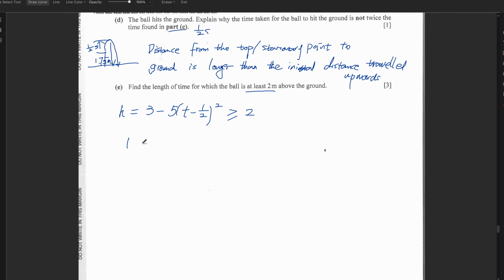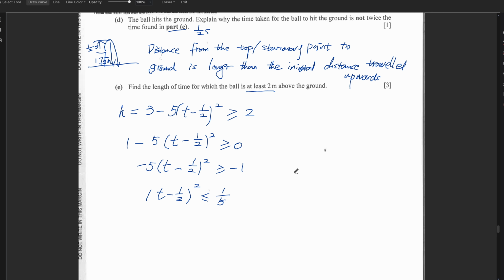We have 1 minus 5(t minus half) squared greater than or equal to 0, so minus 5(t minus half) squared is greater than or equal to -1, and (t minus half) squared is smaller than or equal to, because we are dividing by -5, you see, 1/5.